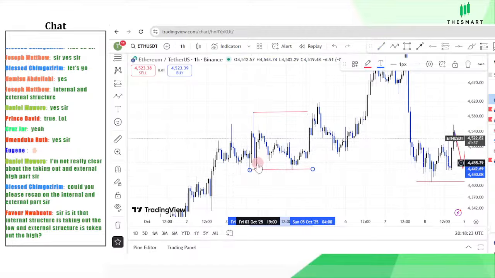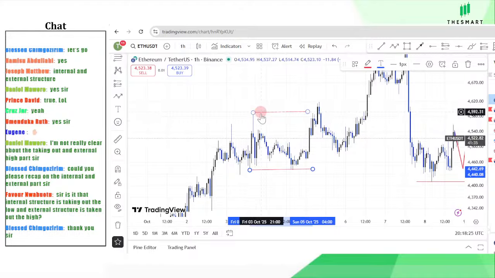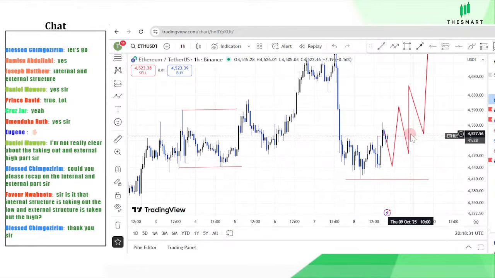Let's say this is the high and this is the low. From what I explained, whatever happens at the left hand side is internal price. So at this point, you don't want to see price violate this low to maintain the internal structure, and you don't want to see it violate this point to maintain the internal structure.